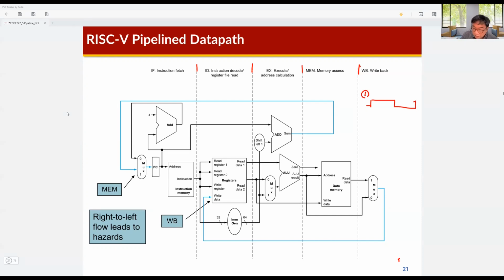That means instruction fetch, instruction decoding, execution, memory, and write back operations are done within one clock period. Okay, this is the single cycle processor.